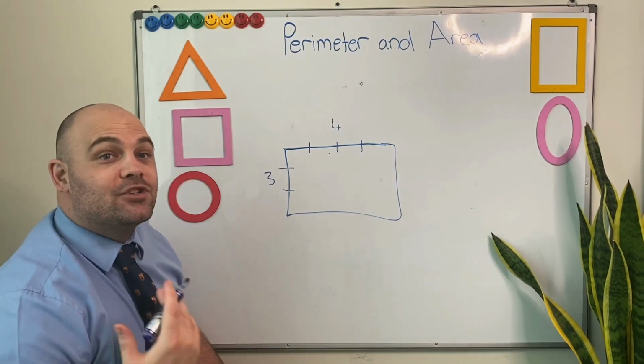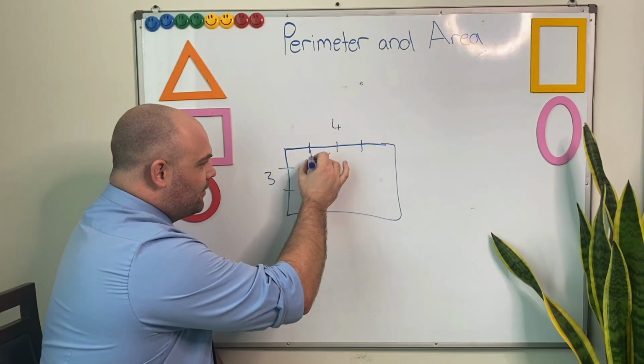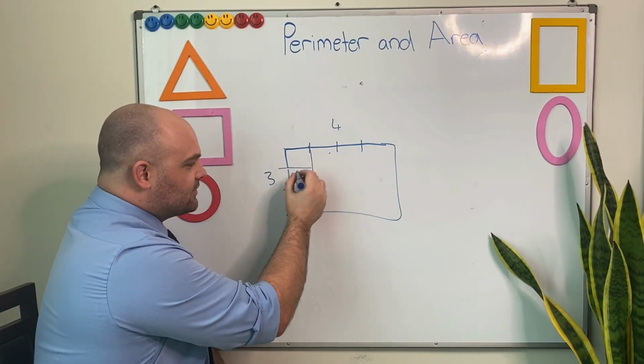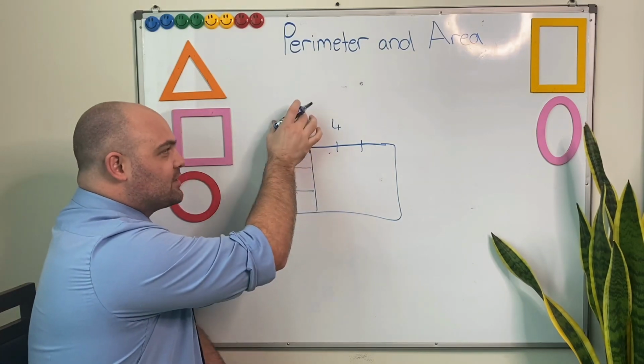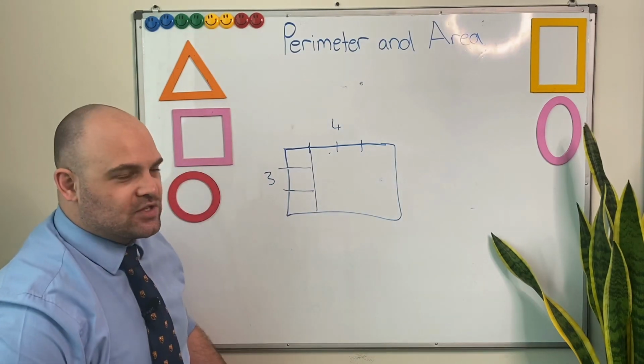Well, if we turn this into blocks, it all seems to make sense. In this first column, I get 3 blocks. So for this 1 unit, I get 3 units of area.